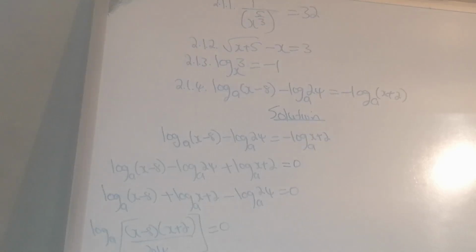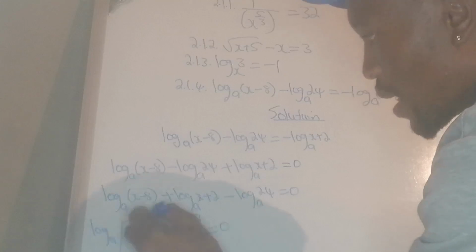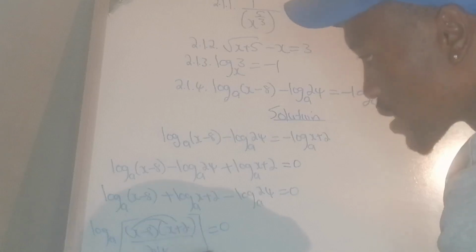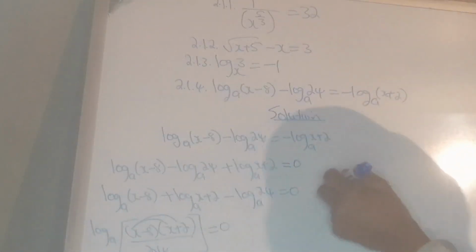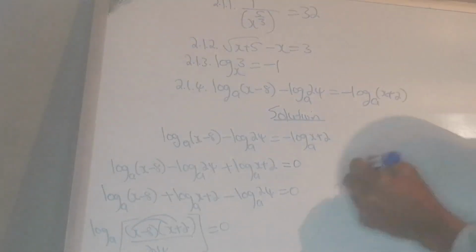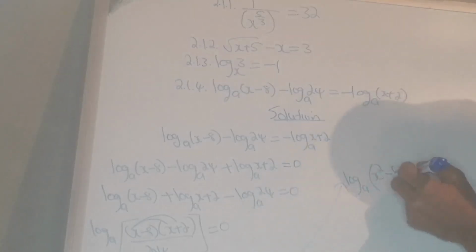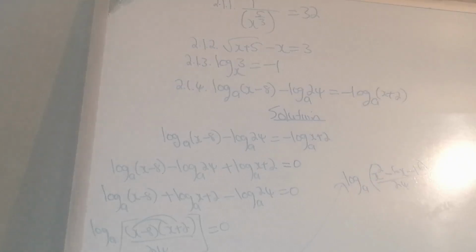From here, I have my log a of x squared plus 2x minus 8x minus 16 over 24 equals 0. So 2x minus 8x is minus 6x, giving x squared minus 6x minus 16 all over 24 equals 0.